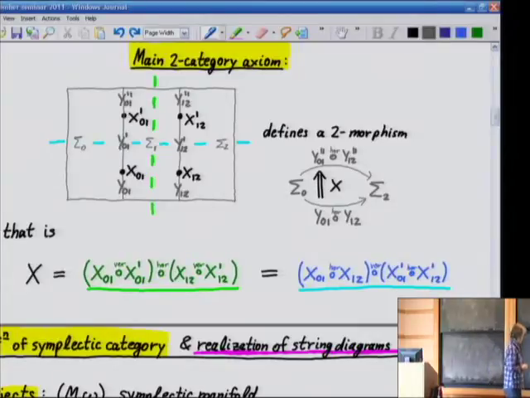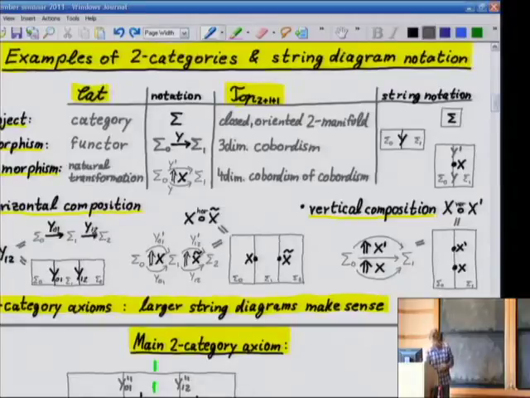And that means I could now use this language of string diagrams to try and give you an impression of how we make a symplectic category. Let me go back a page. I want to tell you what our symplectic 2 category is.